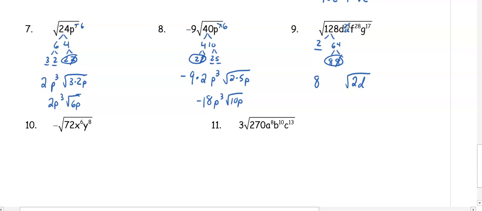This brings it to 22. Half of 22 then is 11, so we get d to the 11th. F is an even exponent, so half of 28 is 14. And then we have g to the 17th, so 1g stays under the square root to make this an even exponent. Half of 16 then gets us g to the 8th.